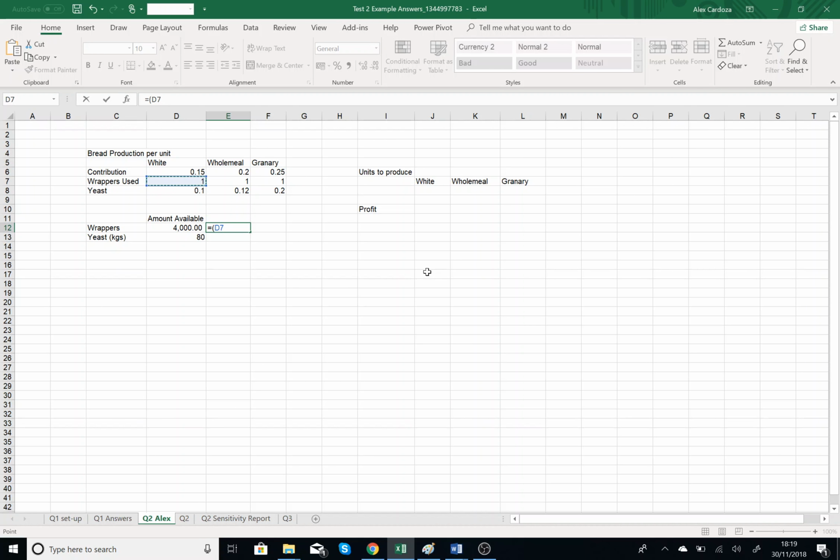White here times by the number of units that get produced here, yeah. Plus this times the number of units that get produced here. Plus this times the number of units that get produced here. Voila.